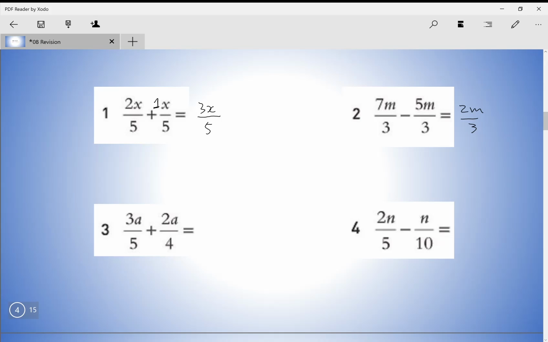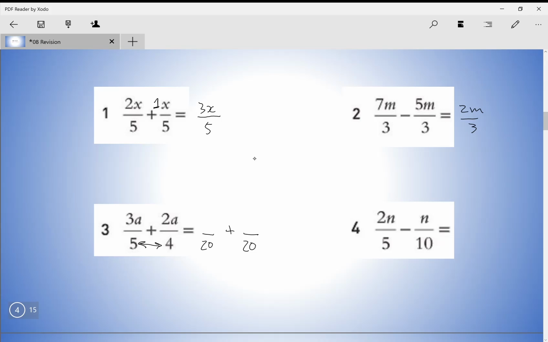Now, in example 3 and 4, things get a little different because we have to change to a common denominator. In this case, we're going to choose a common denominator of 20. Remember, the easiest way to find a common denominator if you don't know what it can be is to just times the two denominators together, and 4 times 5 equals 20.